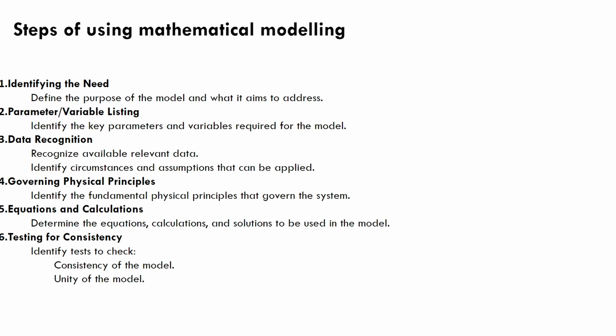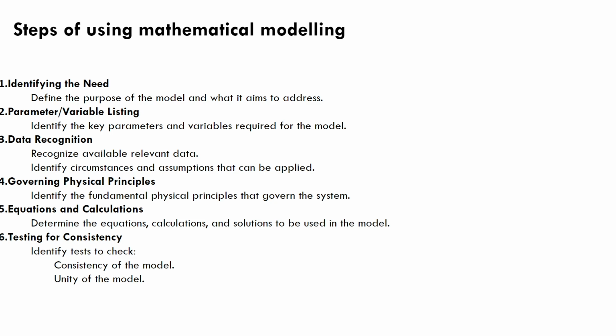So yeah. Next is the parameter or variable listing. The model will have a lot of parameters. If it is a big model, it will have a lot of parameters and a lot of variables which are required for the model to run, and different values and different utilization of these parameters will give you different results.